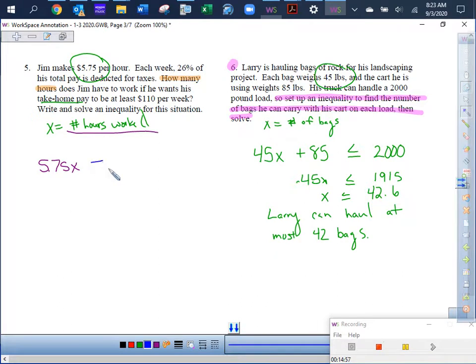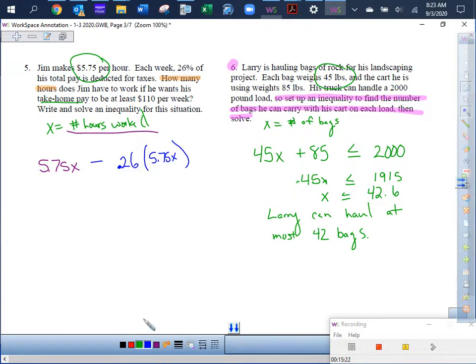We have to subtract away 26%. So 0.26 is 26% of his total pay. Well, his total pay is $5.75 per hour. Would you agree that that is true? He is getting paid $5.75 per hour, but we got to figure out what 26% of that is.